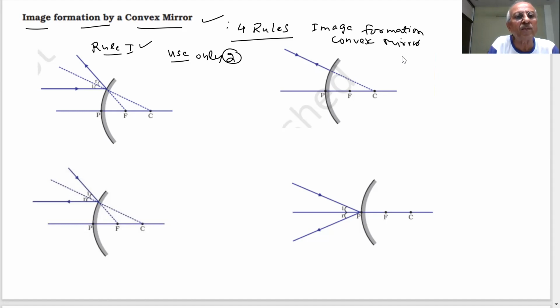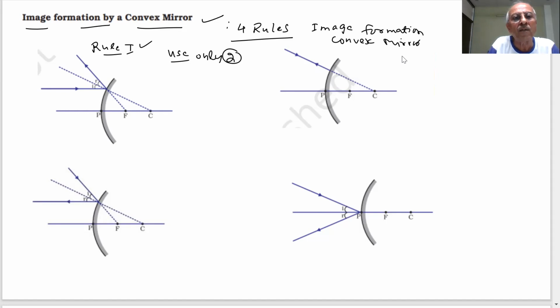Rule 2: a ray of light directed towards the focus will become parallel to the principal axis. And another rule which I use a lot: when the ray of light is directed towards the center of curvature, it is reflected back along the same direction.